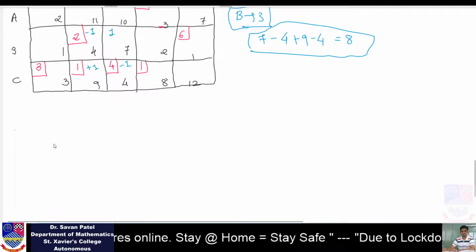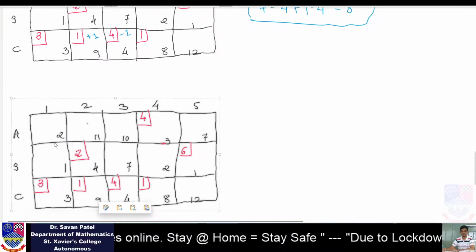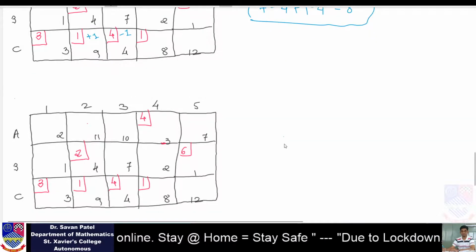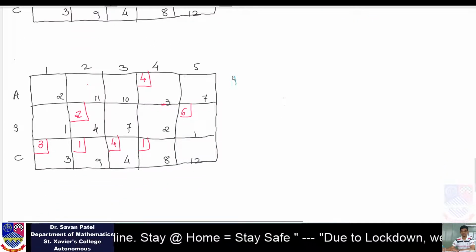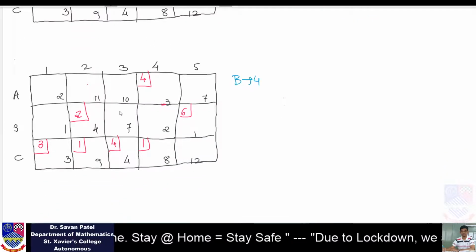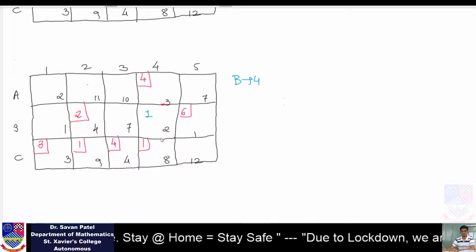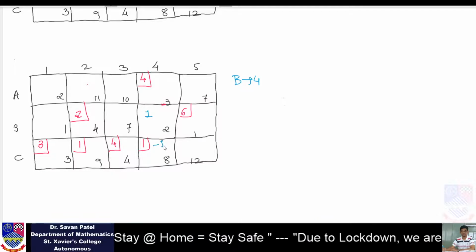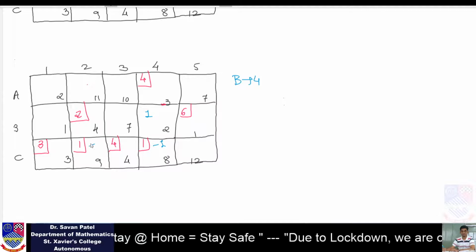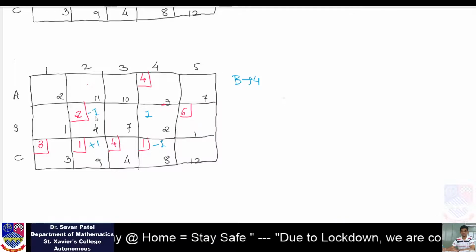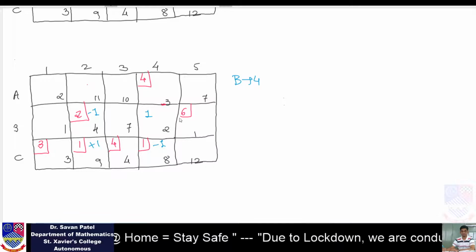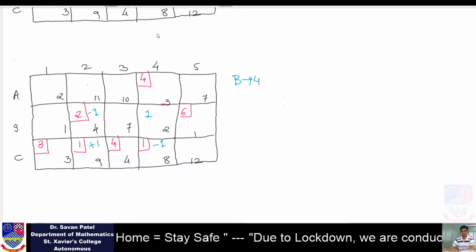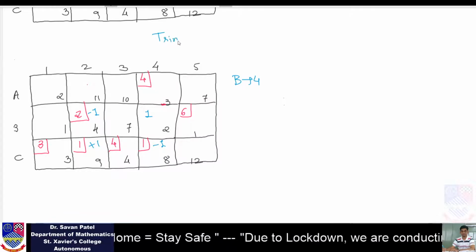Now we make another loop to transport from B to 4. If I am transporting 1 unit from here, I have to subtract 1 unit here, then add 1 unit here and subtract 1 unit here, so I can get balance.